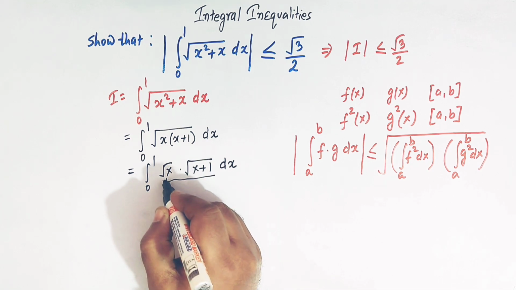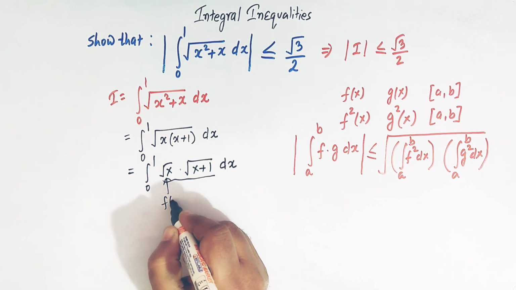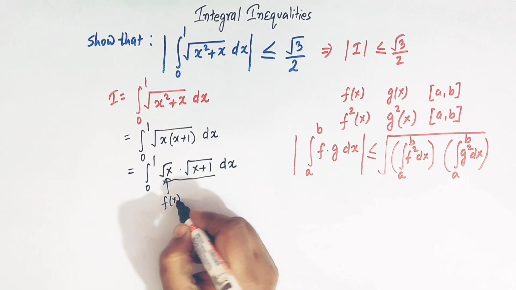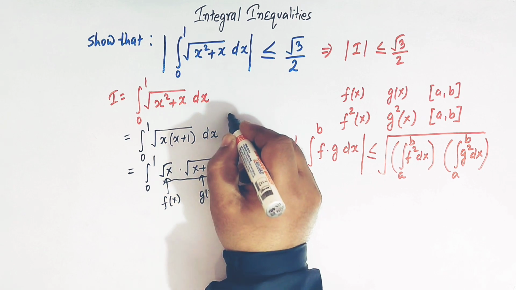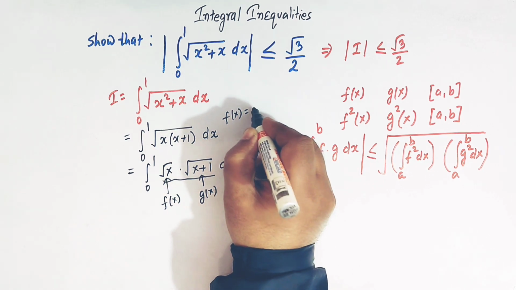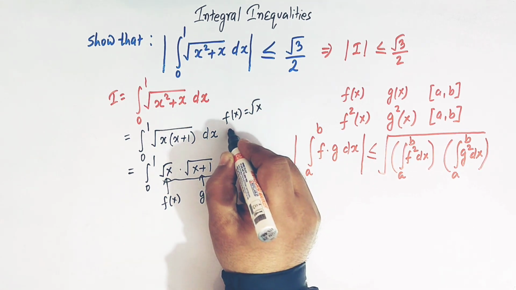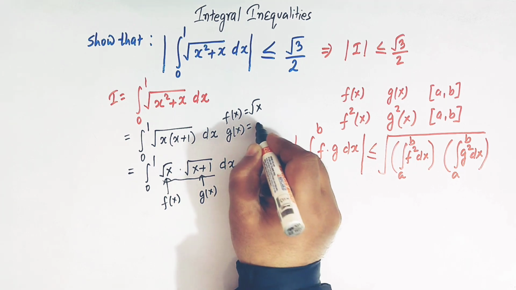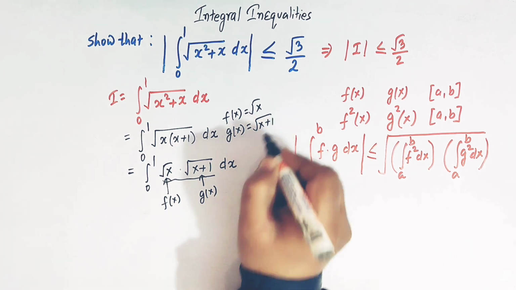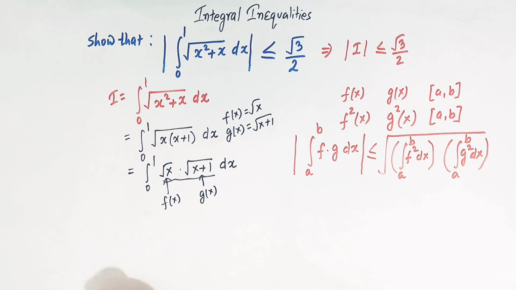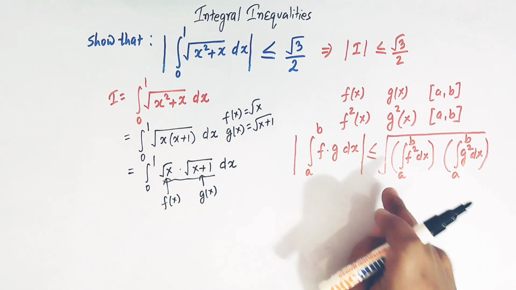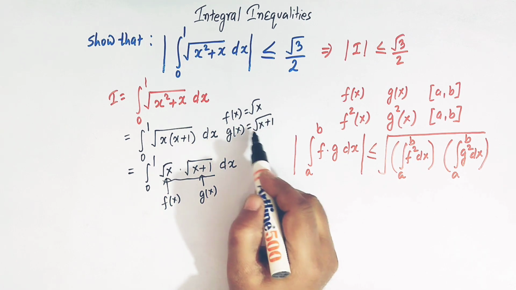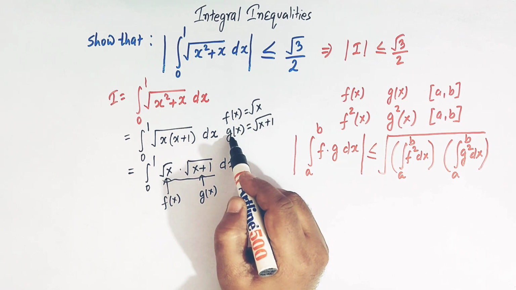Because we can take this function as f of x and this function as g of x. So we can take f of x as square root of x and g of x as square root of x plus 1. So now we can apply this inequality to these two functions, f and g.